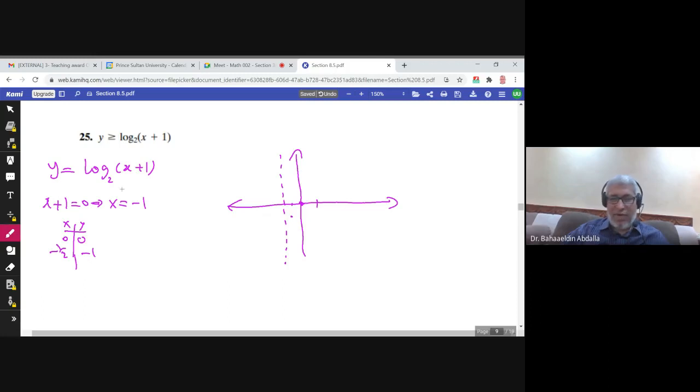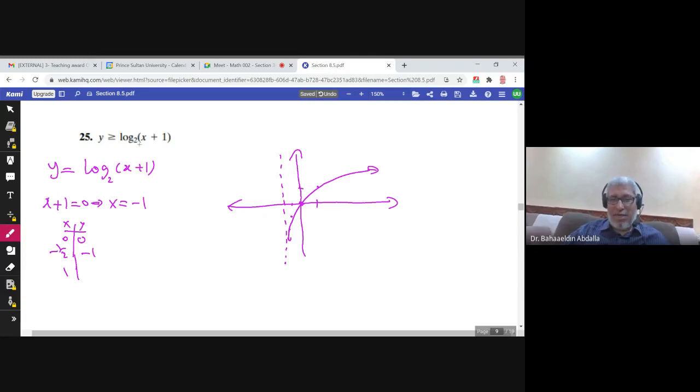And if you replace x by 1, you will get log 2 to the base 2, which is 1. So the graph is like this. This is the graph of the logarithmic function, and it's a solid line because there is equality.